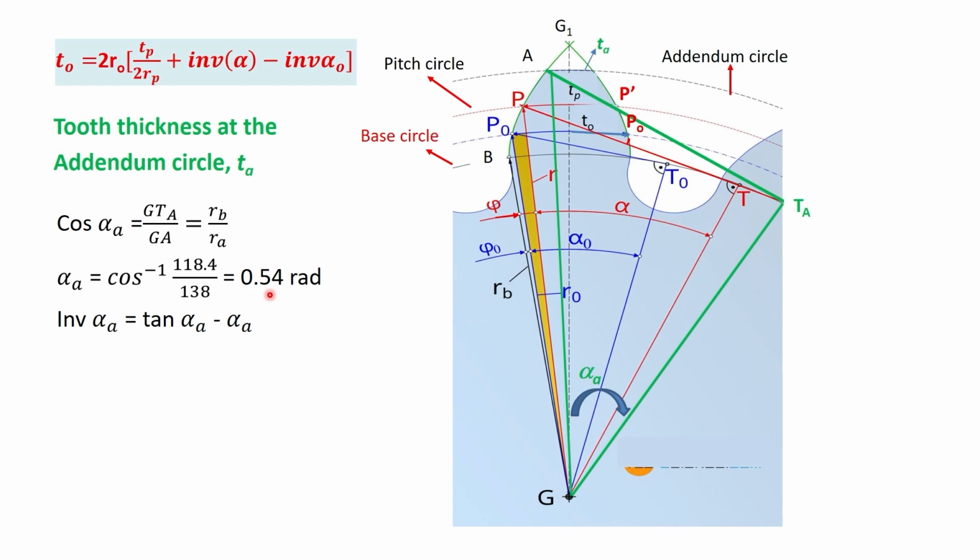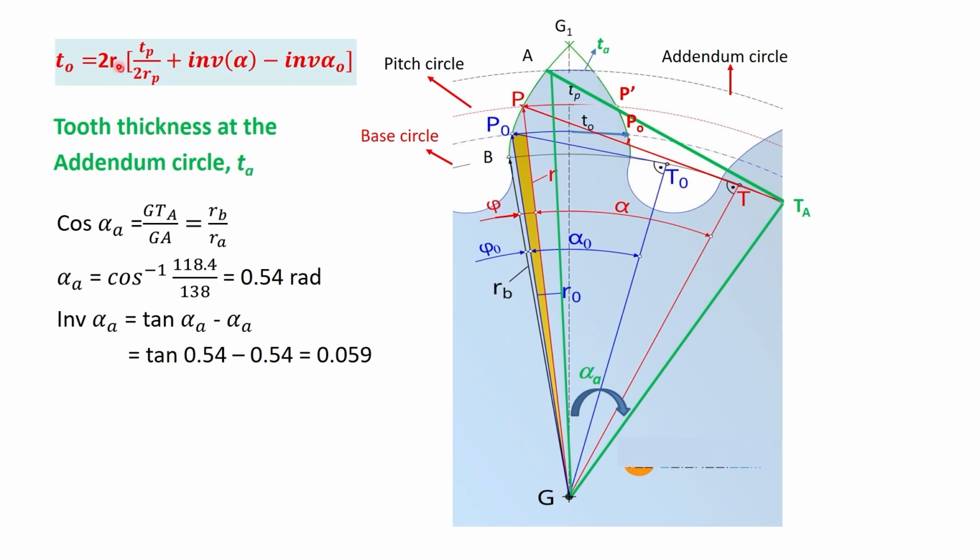So, involute of alpha A is tan alpha A minus alpha A, and substituting the value of alpha A, we got involute of alpha A as 0.059. Now, we want to find the gear tooth thickness at addendum. So, this TO will become TA, RO will become the radial distance of the addendum circle from the center of rotation, and so it is GA, and that is RA.